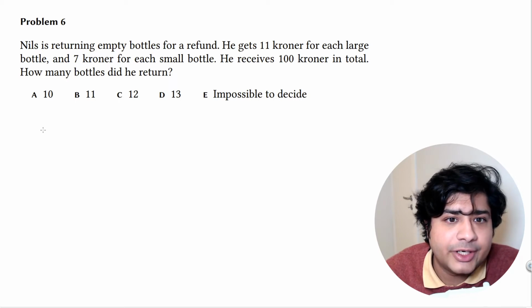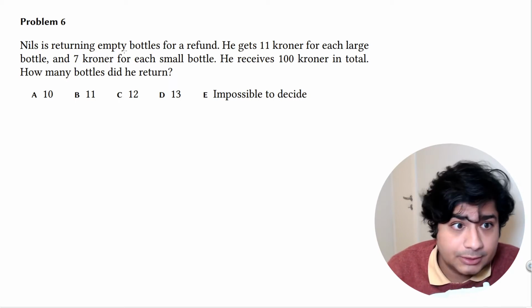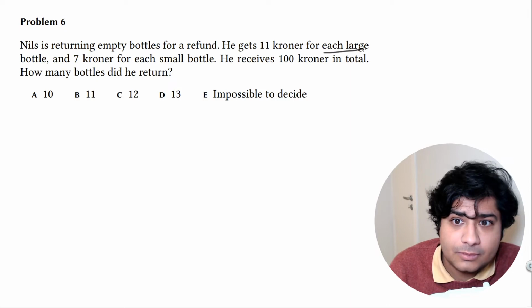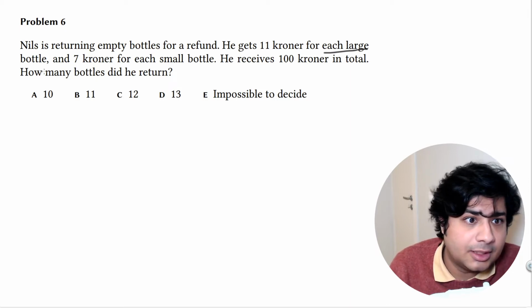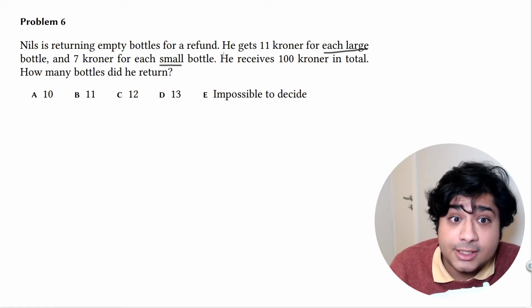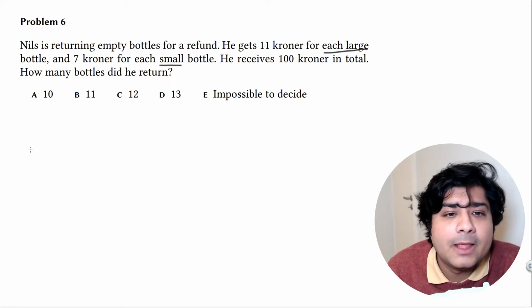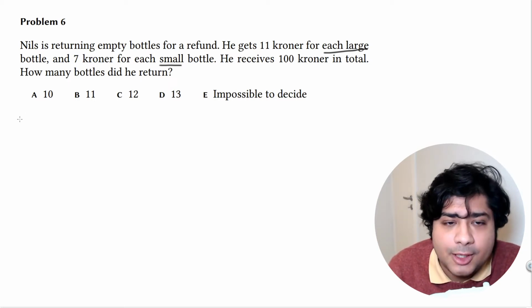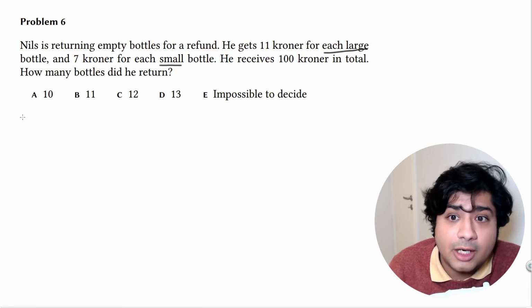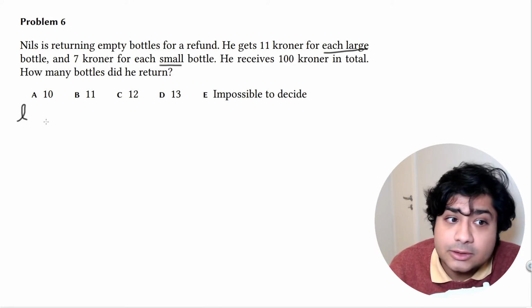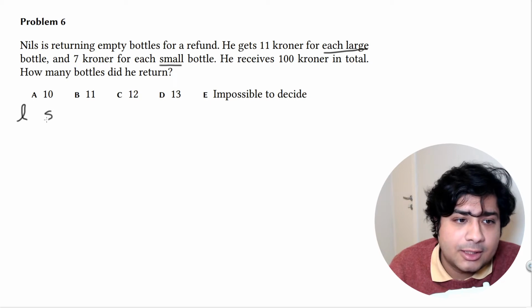So there are small bottles and big bottles. They cost different, or he gets different amount of money back. So let's say that large bottles are L, and small bottles are small s.